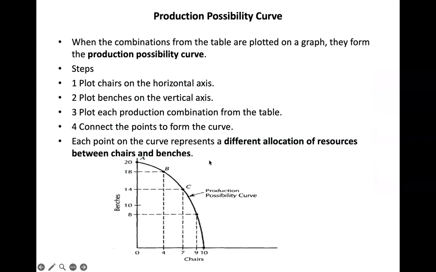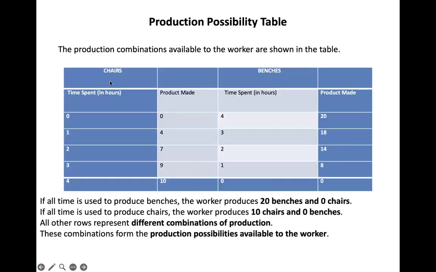So it's an allocation of resources between the chairs and the benches. The 20 benches, then the 0 chairs. That's the allocation of production, the allocation of resources between the chairs and the benches. So you are just combining the final product, the chairs and the benches, not the resources.